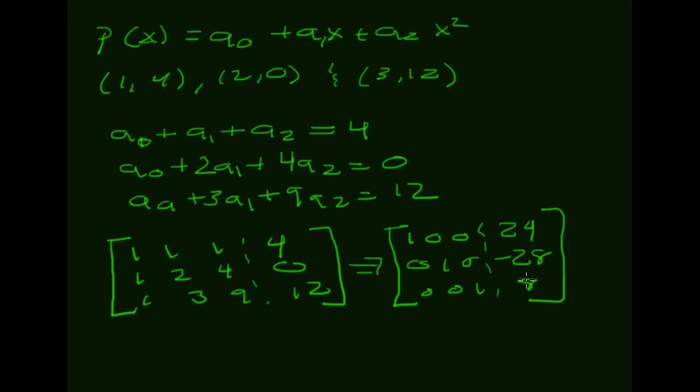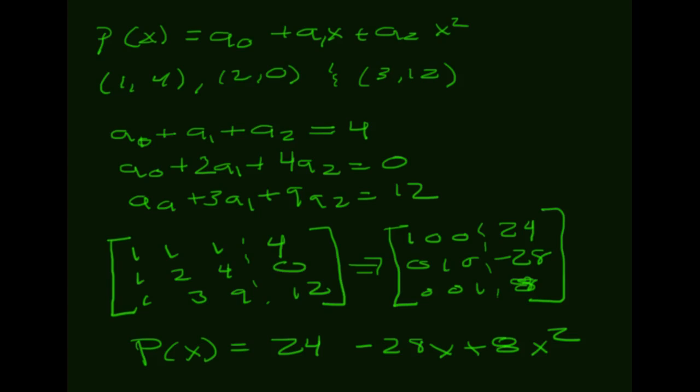And I suspect that you could do the MATLAB work to do that because this is just a Gauss-Jordan problem, which means that my polynomial, p of x, is going to be 24 minus 28x plus 8x squared. And if you want to break out a graphing calculator, you'll see that it happens to go through those 3 points.